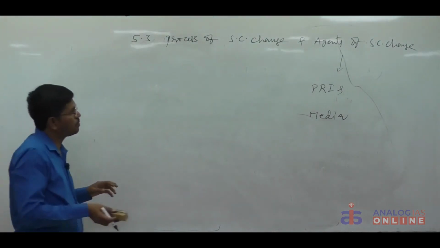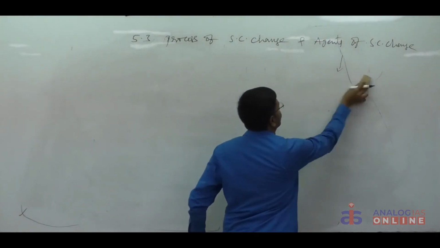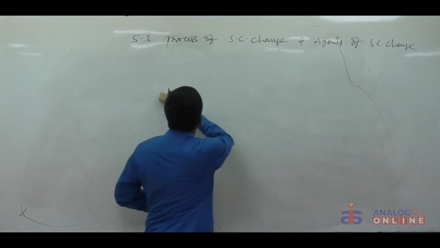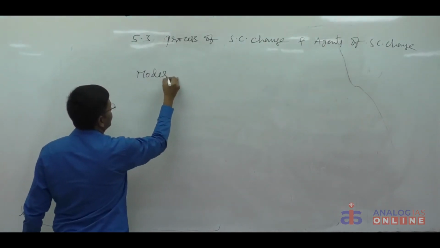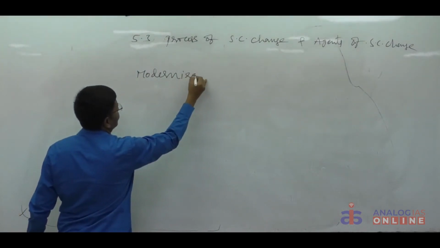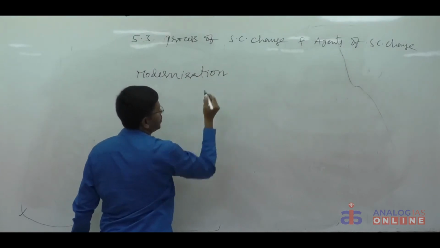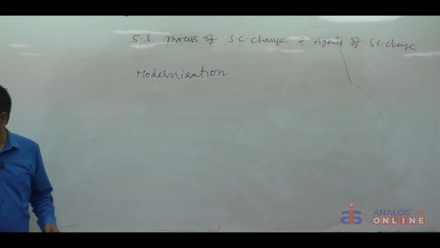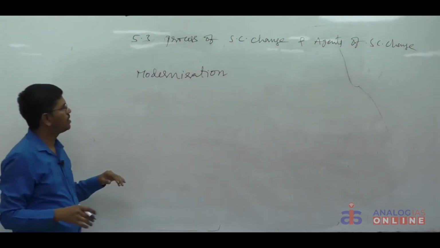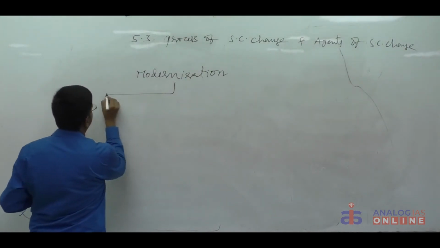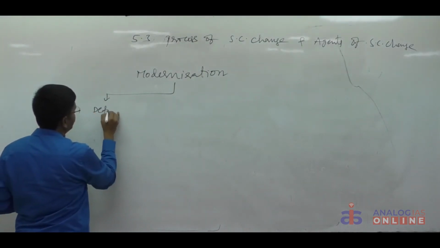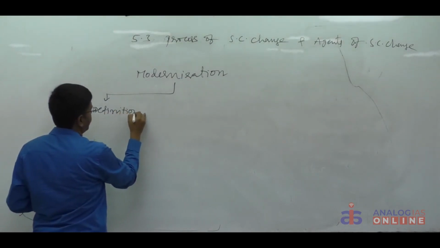Now let us discuss modernization. This is not there in many textbooks. In this concept, there are many components, but for your exam, I am going to discuss the important components. First, definitions and meaning.